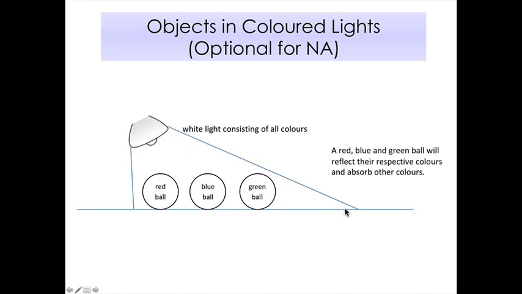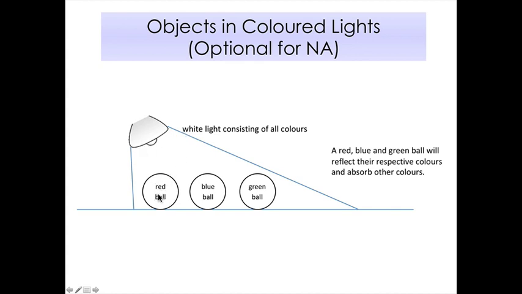It is interesting because depending on the color of the object, you see a different light. So what do I mean? If I shine white light onto a red ball, a blue ball, and a green ball, what happens is that the red ball absorbs all other colors but reflects the red color.